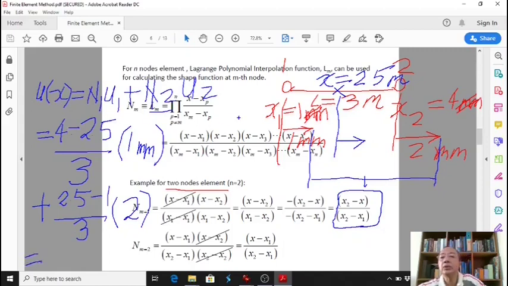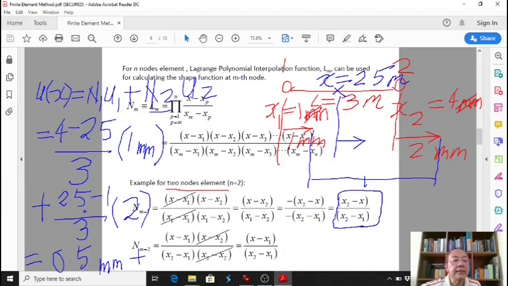x equal to 2.5 equal to, so 4 minus 2.5 is 1.5. 1.5 per 3 is 0.5. So 0.5 times 1, we get this is 0.5 mm. Okay, so this comes from this term.